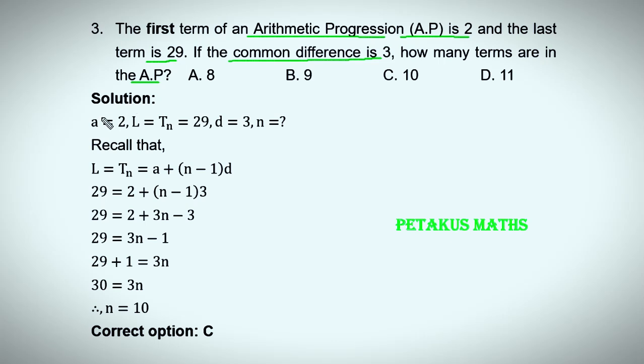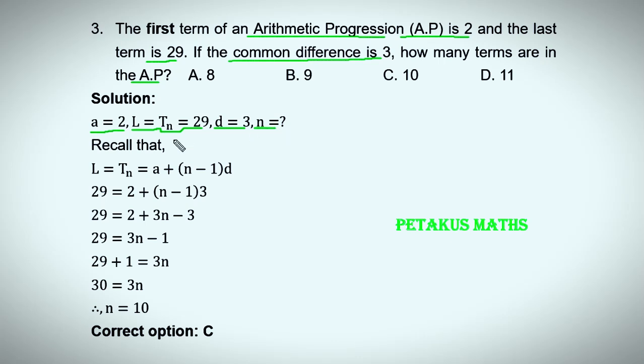In an AP, the first term is denoted by A. So A is equal to 2. The last term is the same as the nth term, that is 29. The common difference D is equal to 3. And the number of terms is unknown.